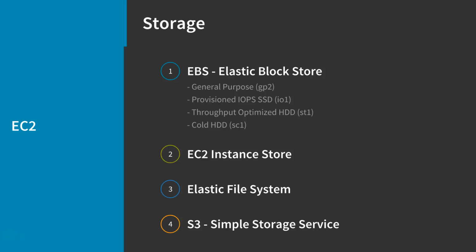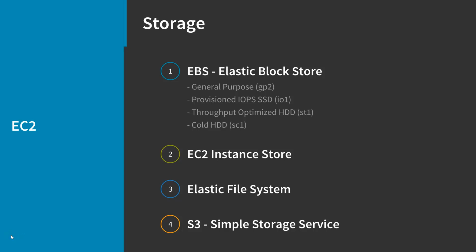Instance Store is ideal for temporary storage of information that changes frequently, such as buffers, caches, scratch data, and other temporary content, or for data that is replicated across a fleet of instances, such as a load-balanced pool of web servers. And once again, one of the main differences between EBS and EC2 Instance Store is that EBS is persistent storage and Instance Store is not. So if you stop or terminate an EC2 instance, any information on the Instance Store will be lost.